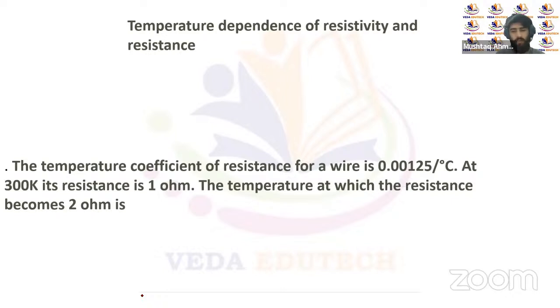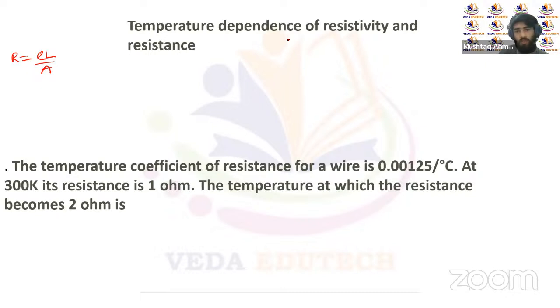In the previous lectures, we discussed that the resistance of a conductor is given by rho L upon A, where rho is the resistivity of a conductor, L is the length of a conductor, and A is the area of cross section of a conductor. So we have three things here: resistivity, length, and area of cross section.